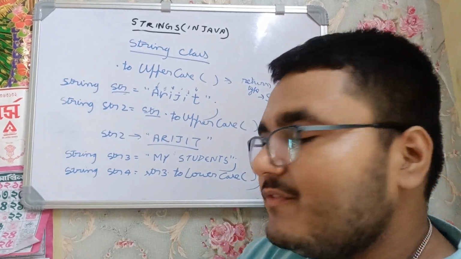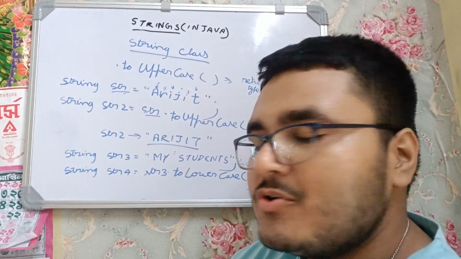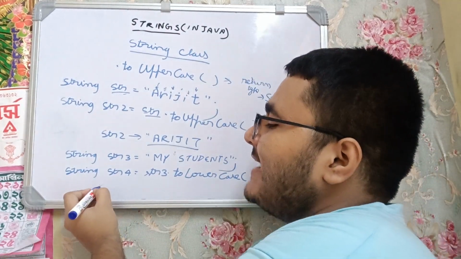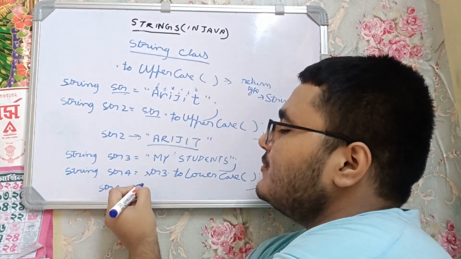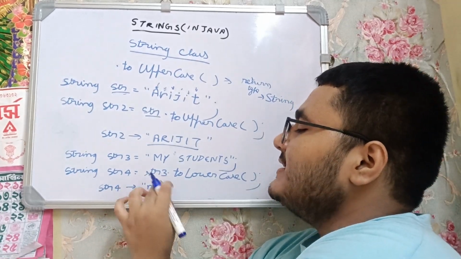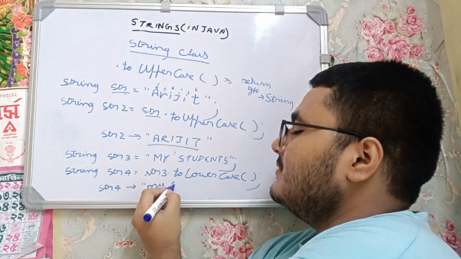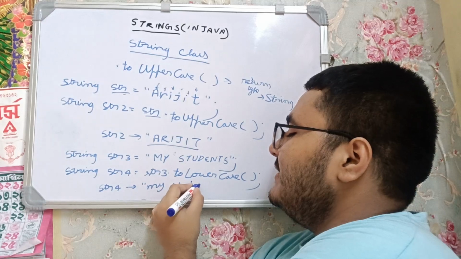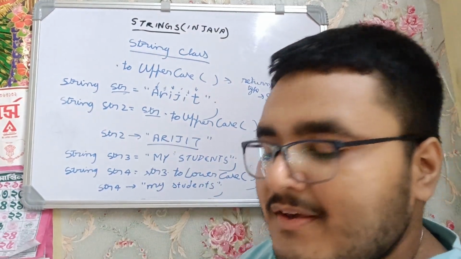It will just check if any alphabet is in uppercase, convert it to lowercase, and keep other things unchanged. So it will be turned into lowercase. It will be written as my students, with a small s.